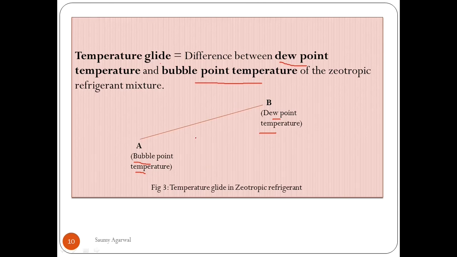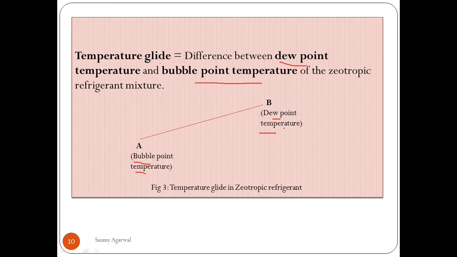So when the temperature reaches the bubble point temperature, the phase change of the liquid refrigerant into vapor starts. Then as the temperature increases, boiling takes place, and the boiling is completed at point B, which is the dew point temperature. So what is the dew point temperature? It is the temperature at which the last droplet of liquid refrigerant evaporates, which is the finish of the phase change.